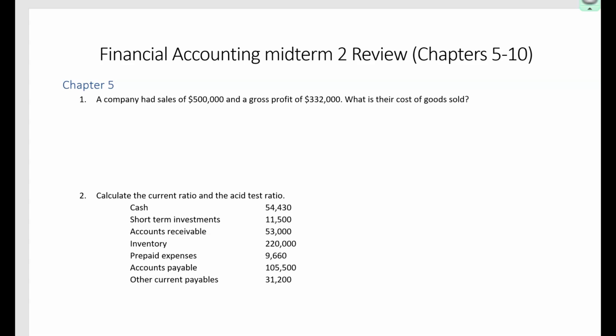So we can work it backwards. We can take the sales of 500,000 and subtract the gross profit, and that will give us our cost of goods sold, which should be $168,000.